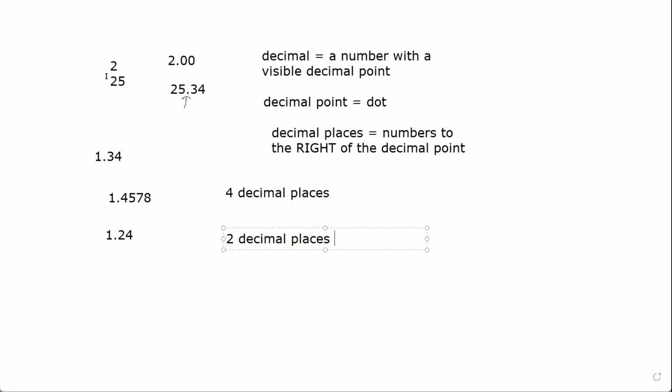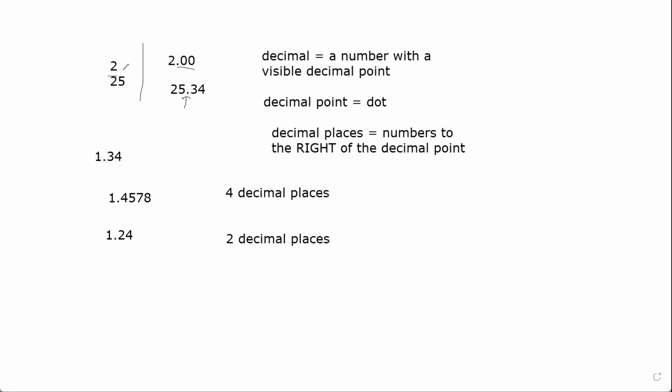By the way, this is another thing that comes up sometimes for people. What we have on the left is what we call a whole number, meaning it doesn't have a fractional or decimal portion.